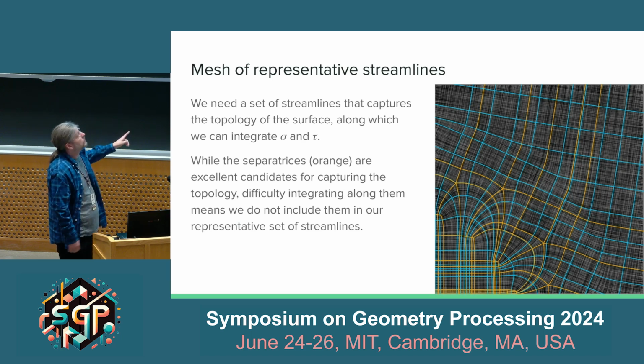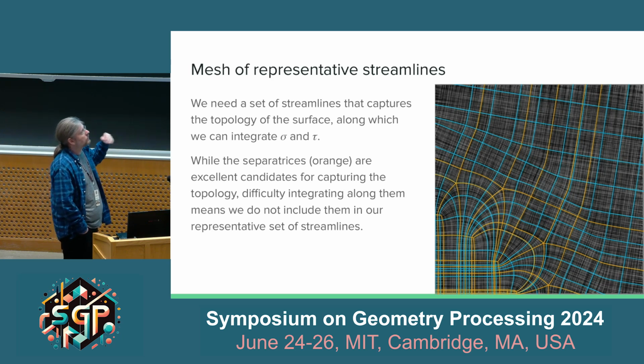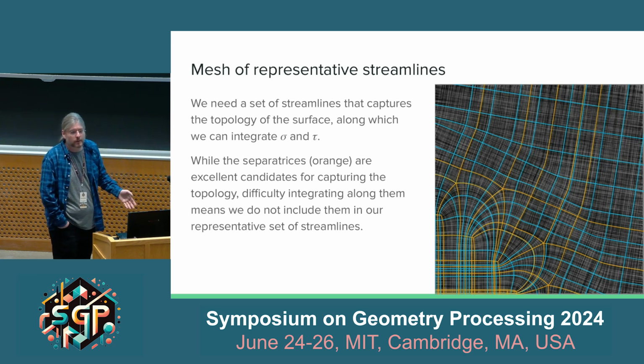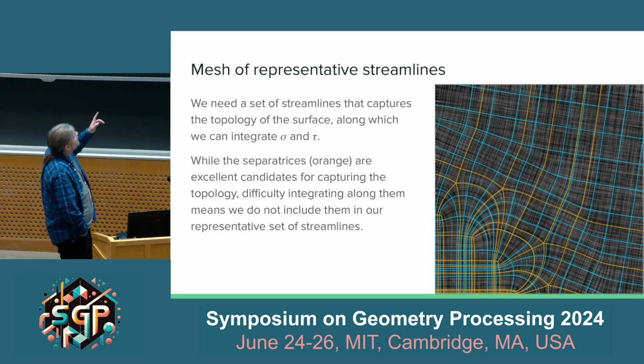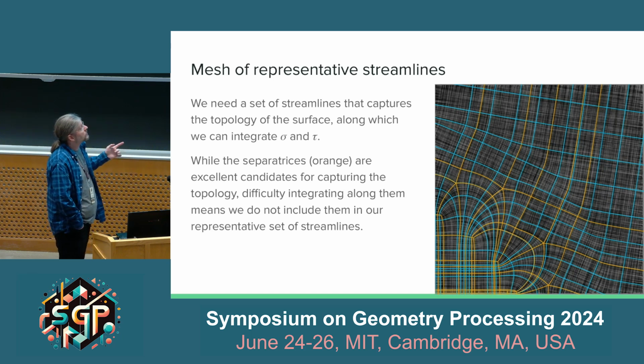So what we'd like to do is, instead of saying it's possible with some arbitrary interpolation function, give some degree of control over optimizing what sigma and tau are everywhere. So we want to start with a set of representative field lines that we can use for an optimization process. Now, if we start with the separatrix graph, shown in orange here, that's really good at capturing the topology of the region, but unfortunately, we run into some numerical difficulties, which I'll mention in a second.